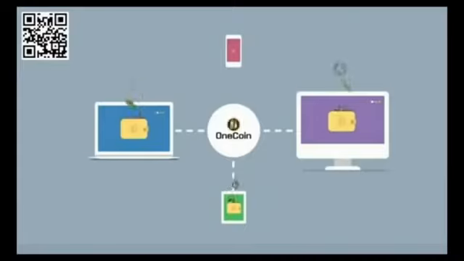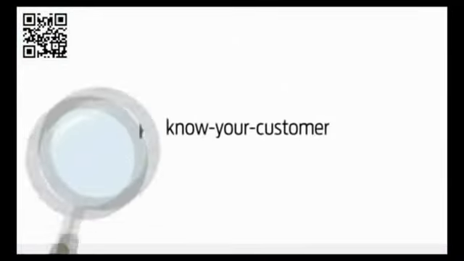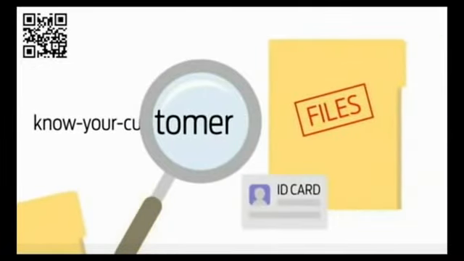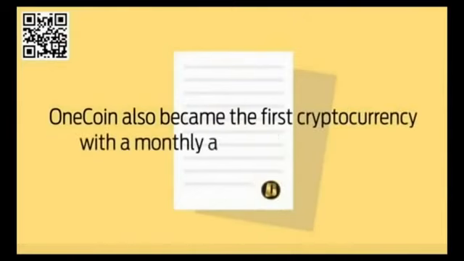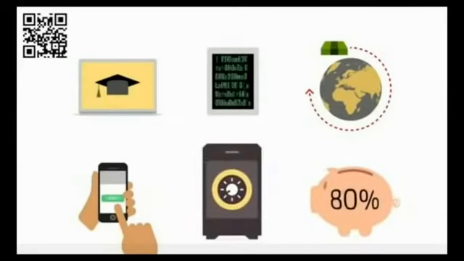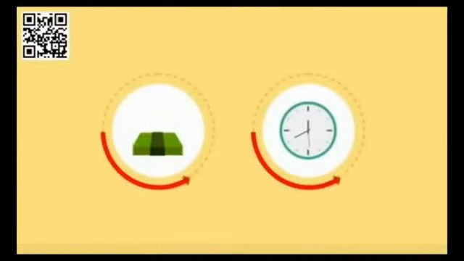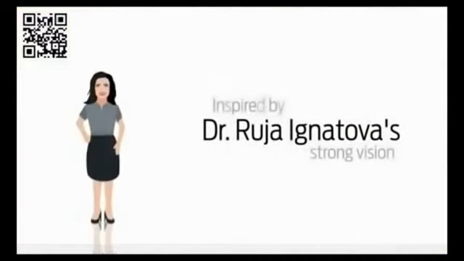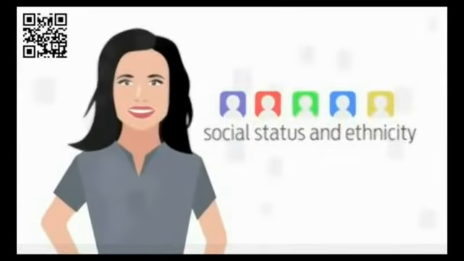What's more, to prevent money laundering, identity theft, financial fraud, and terrorist financing, OneCoin has implemented KYC, Know Your Customer procedures, thus preventing any possible misconduct by its clients. OneCoin also became the first cryptocurrency with a monthly audit of its blockchain. People join OneCoin for a reason: to learn about cryptocurrency, to mine the coin, to transfer money, to make payments without the need for expensive or unsafe intermediaries, to deposit money, and to save over 80% in remittance costs. Use OneCoin to save your time and money every time you need financial services. Inspired by Dr. Ruja Ignatova's strong vision to provide access to financial services for everyone, regardless of income, social status and ethnicity, OneCoin has become a global company with a community of thousands of miners worldwide in just over a year. One world, one coin. Join the financial revolution.